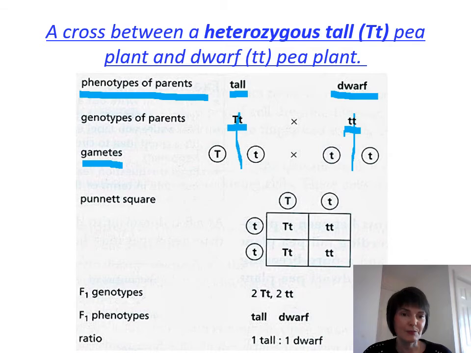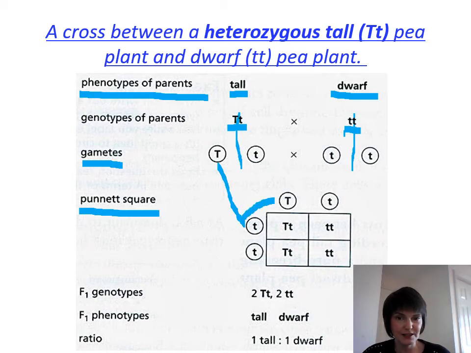Okay, Punnett square, and again, just pop in your Punnett square down here. So there we go, big T, oh, that should be round here, wee t, and wee t.